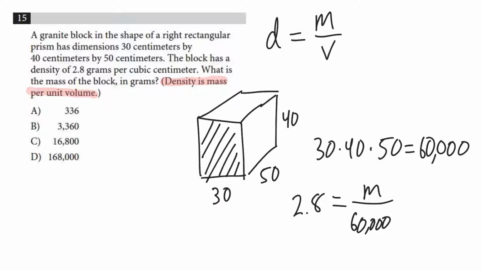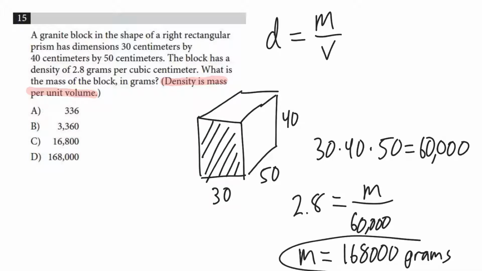So we have 60,000 times 2.8. That is going to be 168,000 grams. Okay, 168,000 grams, and that would be D.